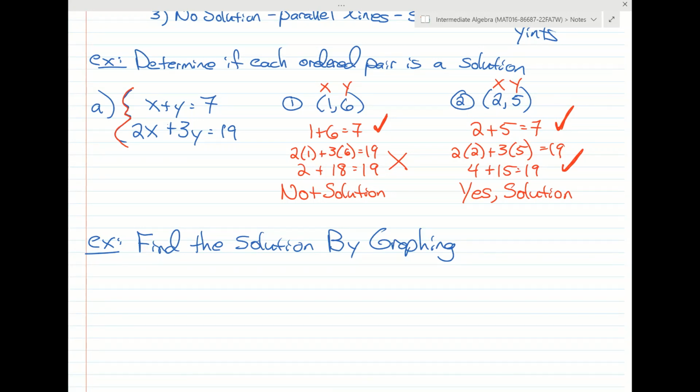We actually have two ways to graph. One way to do it is in slope-intercept form. Slope-intercept form would be y equals mx plus b, where m is our slope and b is the y-intercept.